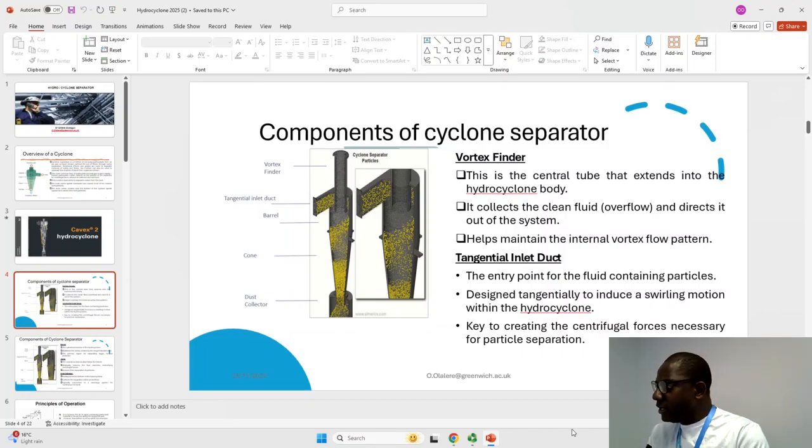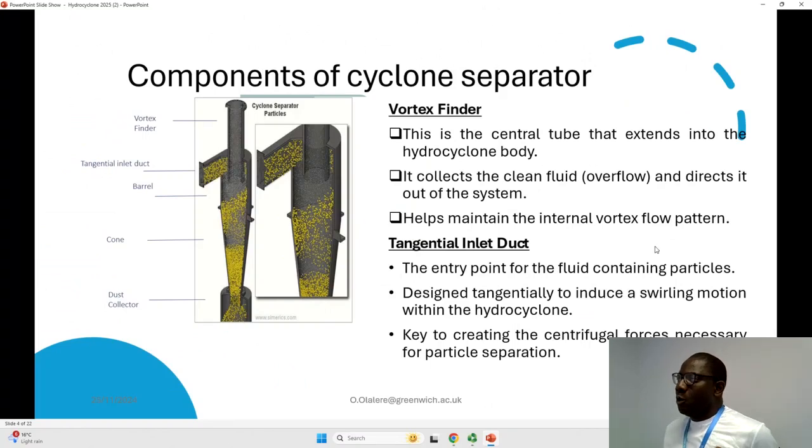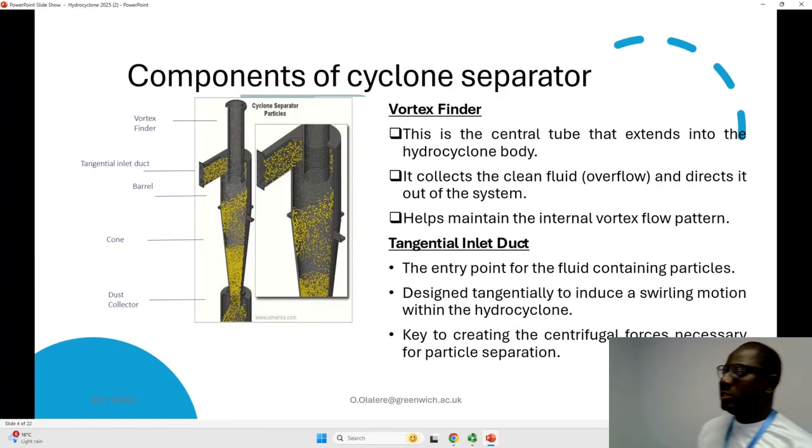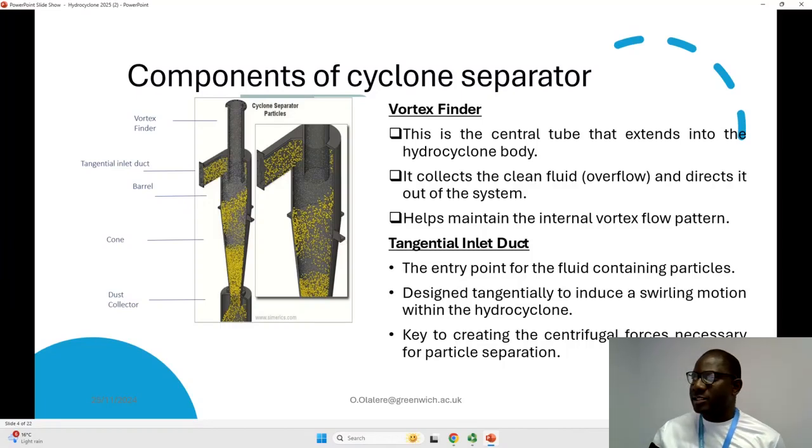So let's look at the different components in a cyclone. The first one is the vortex finder. This is just a central tube that extends into the body of what? The cyclone. It's more like when you have a grinder, you know, if you have a normal grinder for grinding pepper, there's something you normally remove from the top, right?